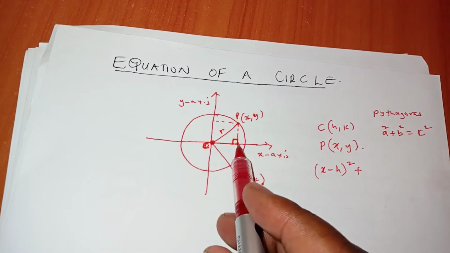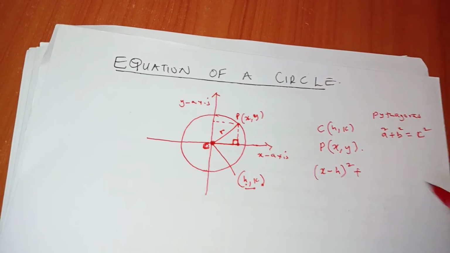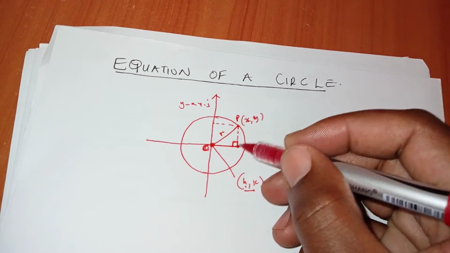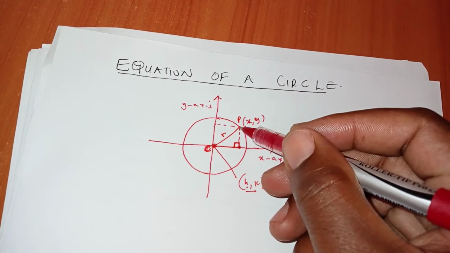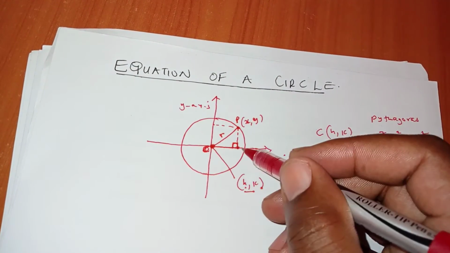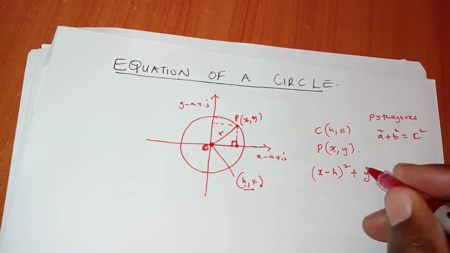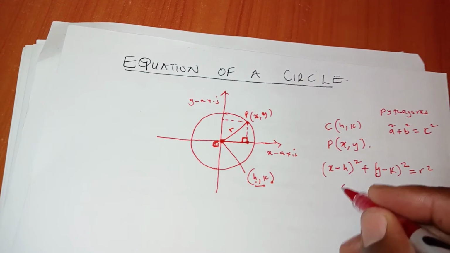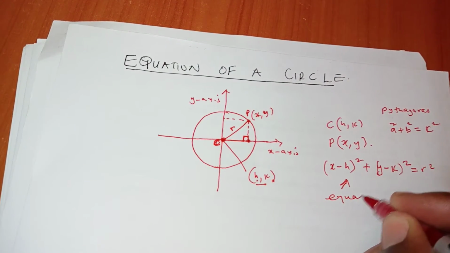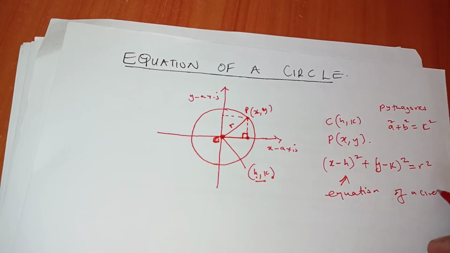So the distance from here to here is the x value minus the h value. Then the distance from here to here is the y value minus this y value, which we are calling k. Then we square that, and that is equal to the radius squared. This is what we call the standard equation of a circle.